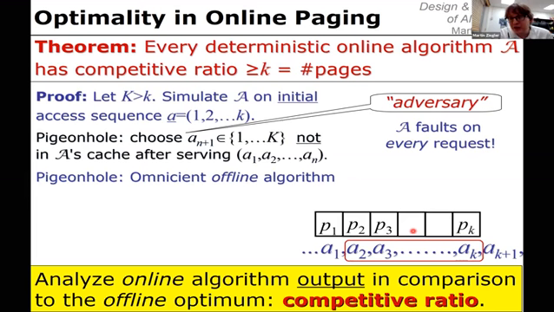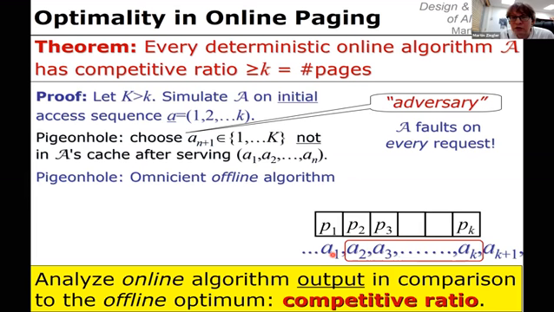Once it's already suffered a page fault, once it is forced to load the new page A1 into its cache, it makes sure that the next page fault will only occur after another k-1 accesses, so that a page fault will occur only on every kth access at the earliest, so that this is a factor k times less than the number of page faults incurred by the online algorithm, right?